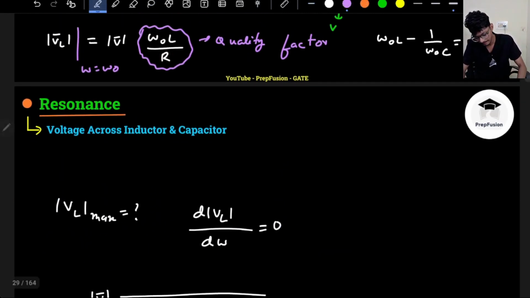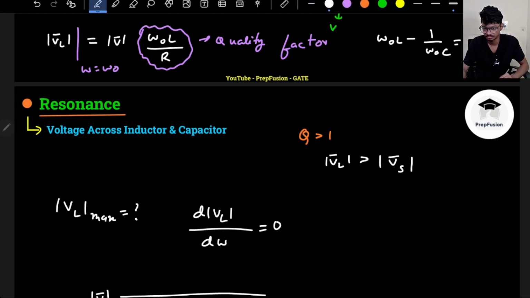Generally, the quality factor will be higher than 1. So if that is the case, then the magnitude of VL is greater than the magnitude of the supply V. Now, is that possible?